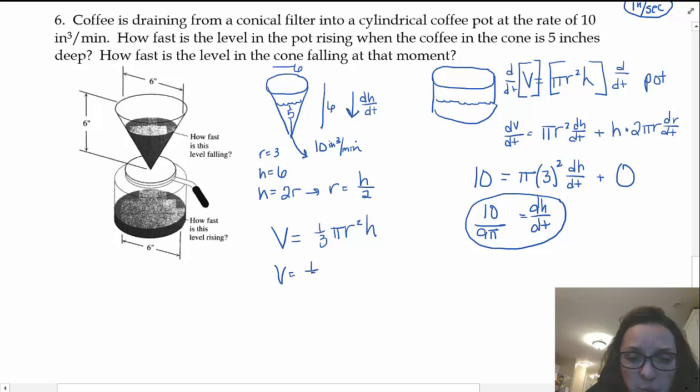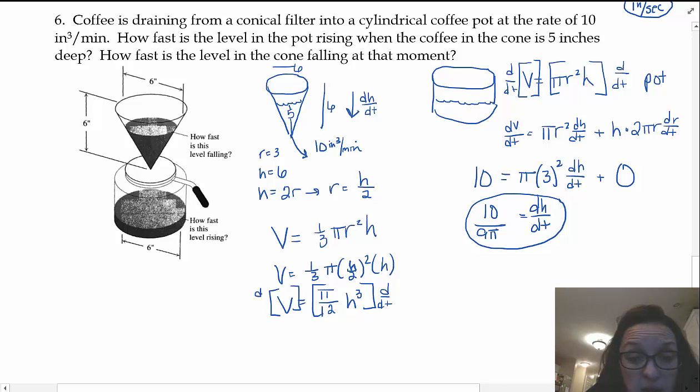And then V equals 1/3 pi (h over 2) squared times h. So V equals pi over 12 h cubed, which means if I take the derivative of both sides with respect to t, I have dV dt equals pi over 4 h squared dH dt.